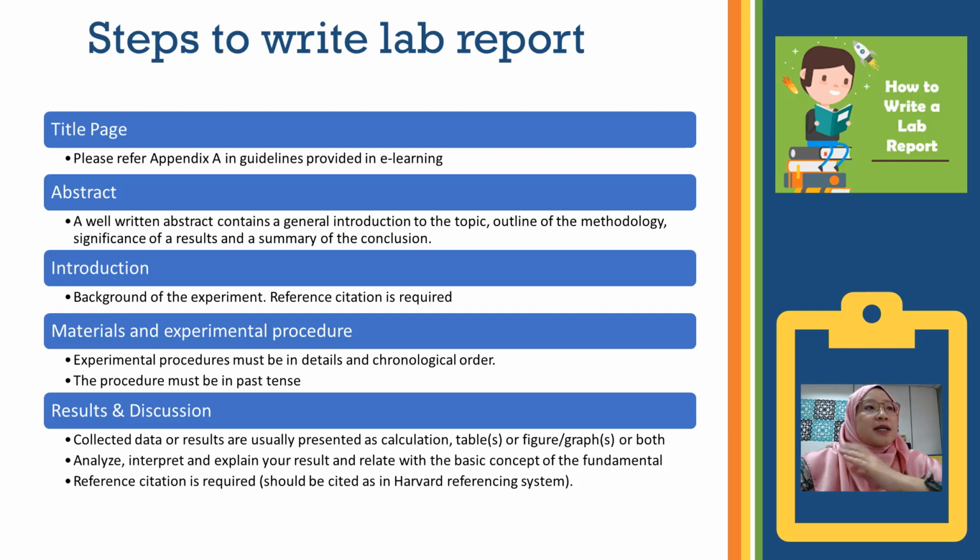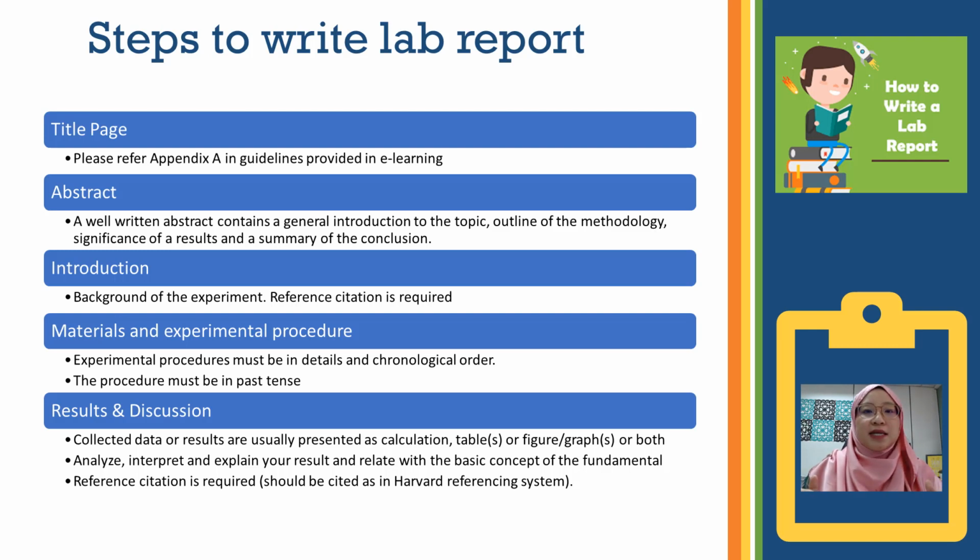Next is results and discussion. Basically this consists of the collected data or results, which sometimes can be presented as calculations in tables, figures, or both. Not only are you reporting what you have done and what you observed, you also need to analyze and explain your results: explain the graph, the table, or the calculation, and relate it to the basic concepts involved in the experiment.